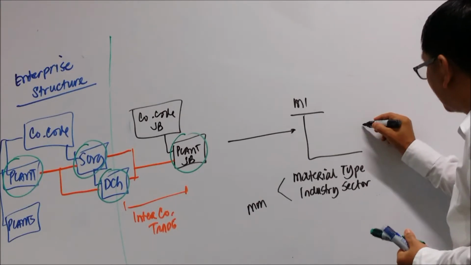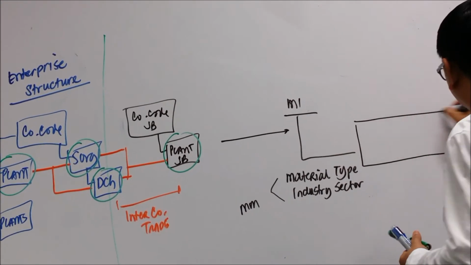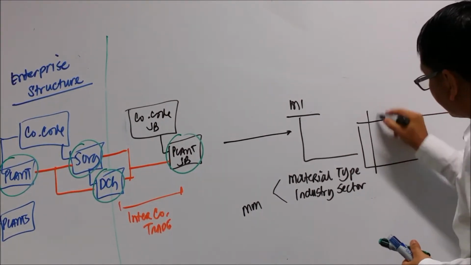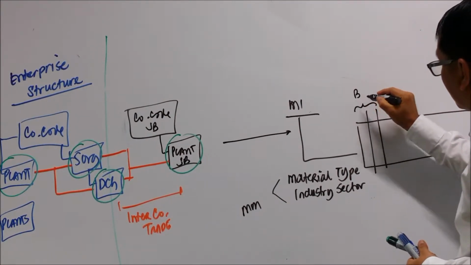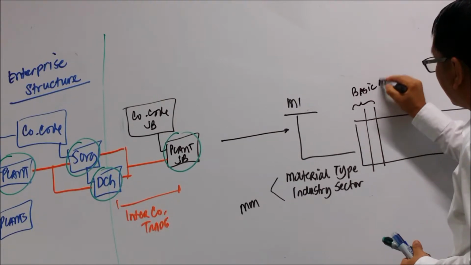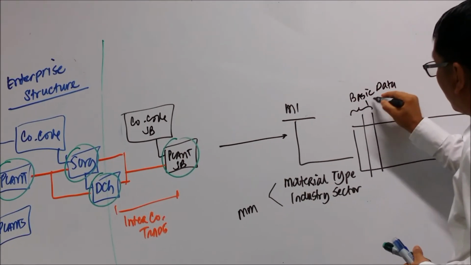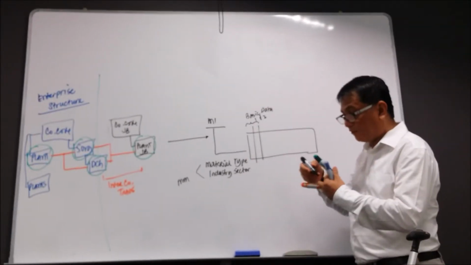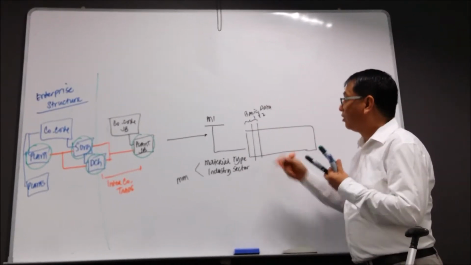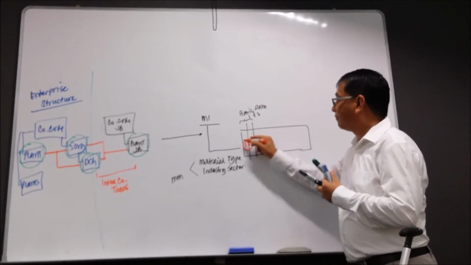Now, for each material though, you will have a lot of views. You have here your basic data 1 and 2. The basic data 1 and 2, you only have one copy of that. Only one copy.